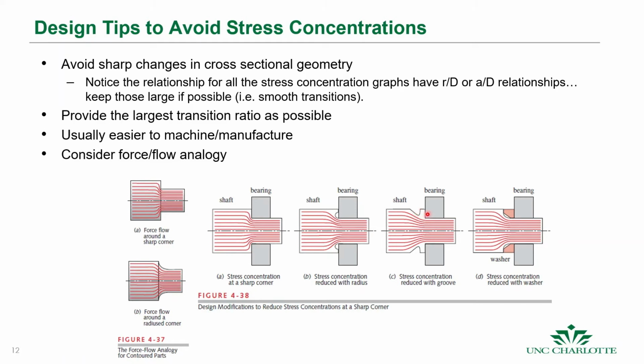I know that we have less material than we have in this case, but we have to deal with the cross-sectional area there and make sure that the design is still safe, but we've reduced those stress gradients considerably. Or we can add some washer or whatever so that we can have some condition that's more like this. So when you're designing, don't design without considering stress concentrations.